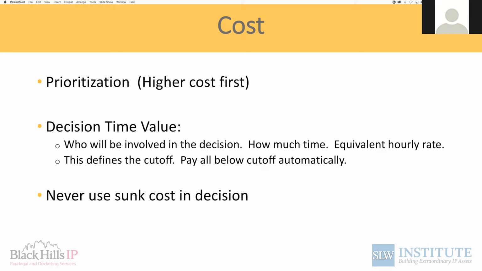And then as long as we are talking about costs, I always like to touch on sunk costs. Some patent docketing systems and invoicing systems are really good at tracking patent spend.